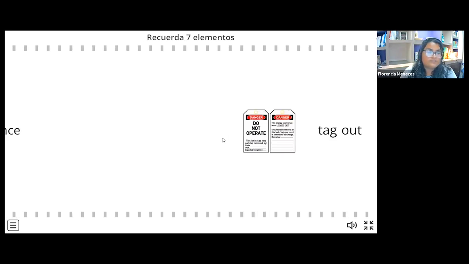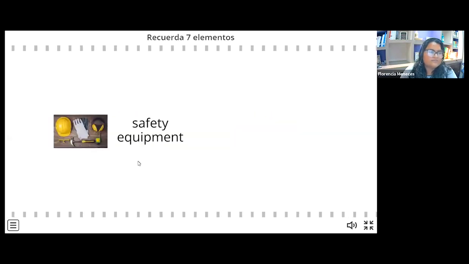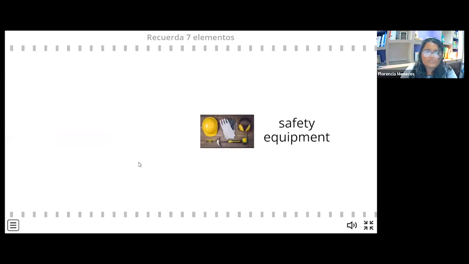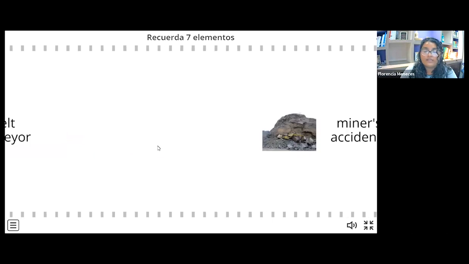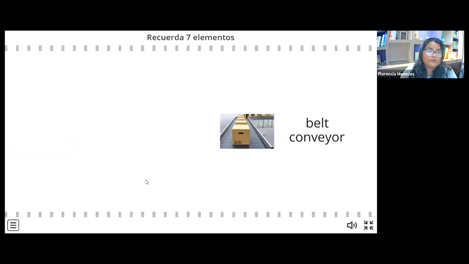Okay, maintenance, then it is safety equipment, proper guarding, miners accidents, belt conveyor, hoist, and those are the 7 elements.